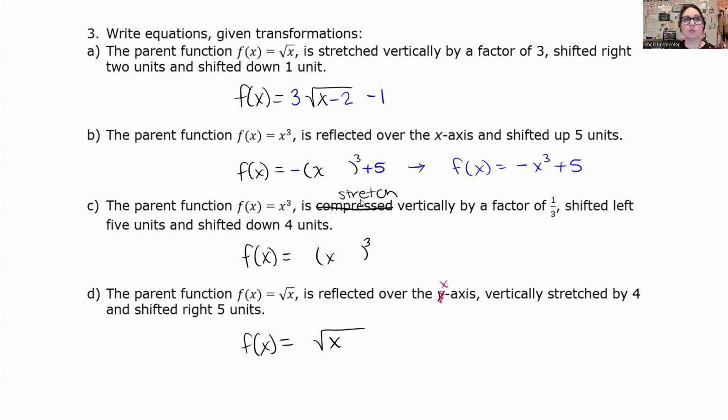Next, we've got a stretch by 1/3. We've got 1/3 in the front. Left 5. Plus 5 inside the x. And then down 4. Minus 4. And last, reflected over x and vertically stretched by 4.